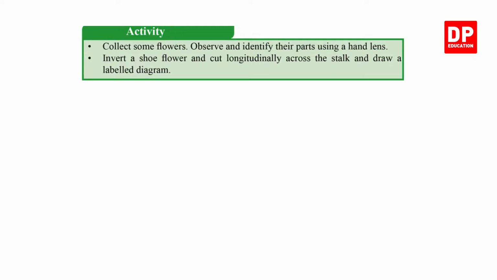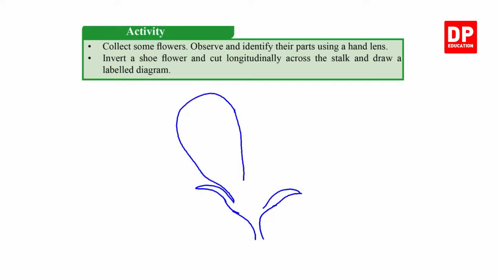I will start with the stalk or the pedicel. Then we have the receptacle there. Then we have the corolla. So this is how you see it. Then here there is the ovary.